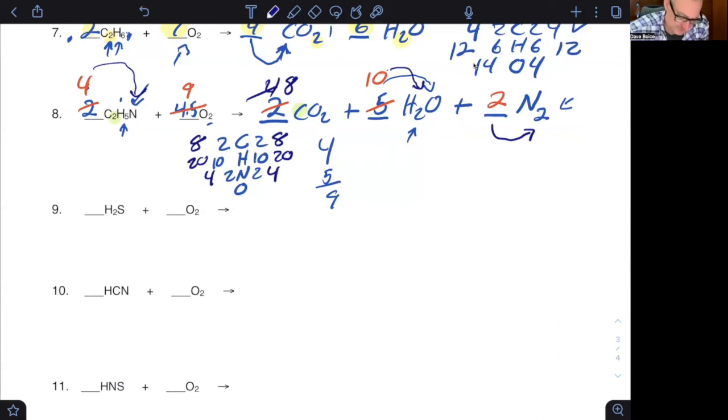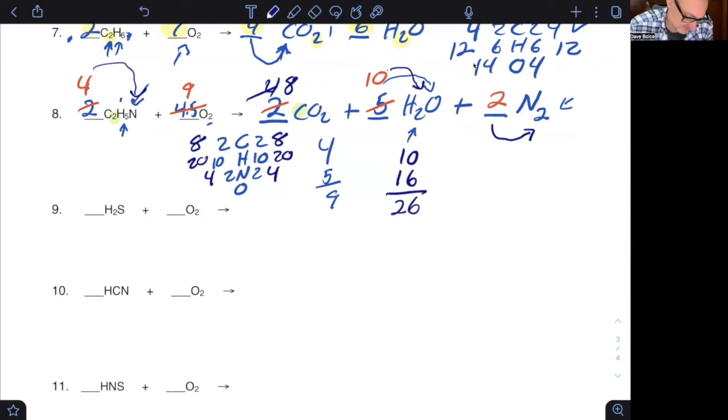And then my oxygen, let's double check that because I did make a change here. I've got 10 in the water and the 16 times 2 is 16, so 26. Okay, and that's oxygen 2.